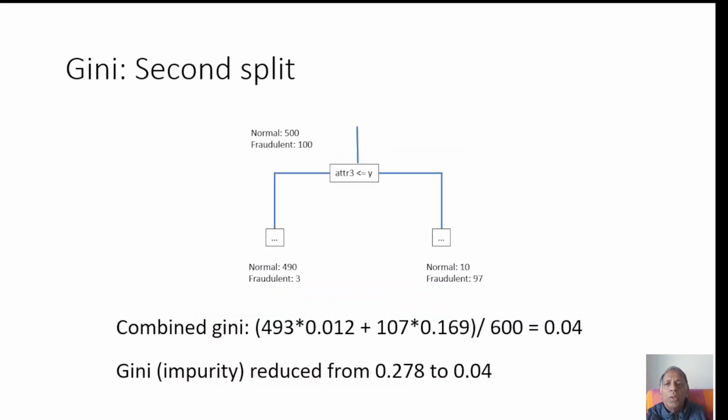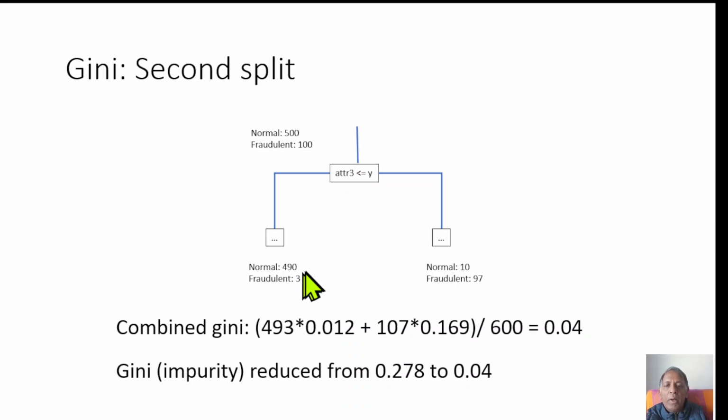Okay, now the second split, look at the Gini index, right? This is 403. Okay, so the combined Gini would be 493 times 0.01. So the Gini index of this node is 0.012, which is very close to 0 because it's almost entirely pure.